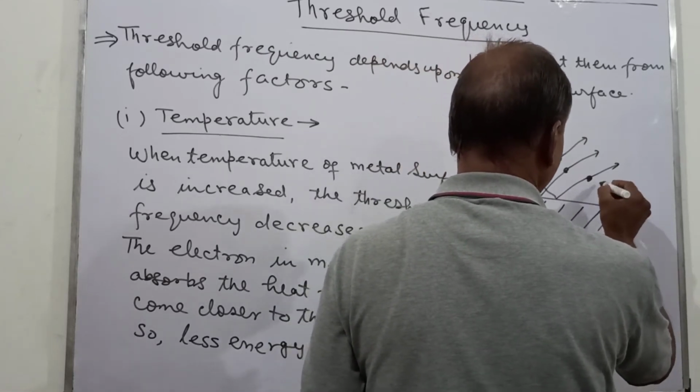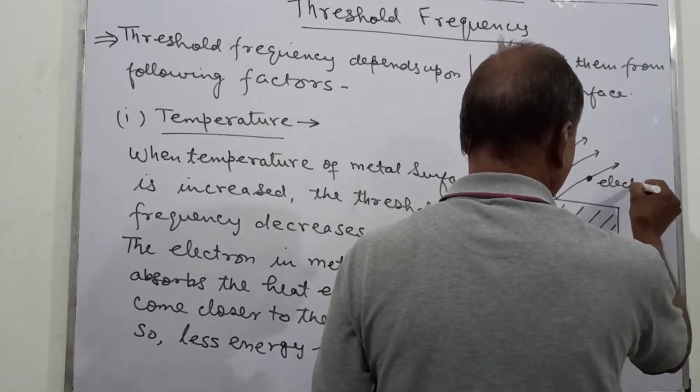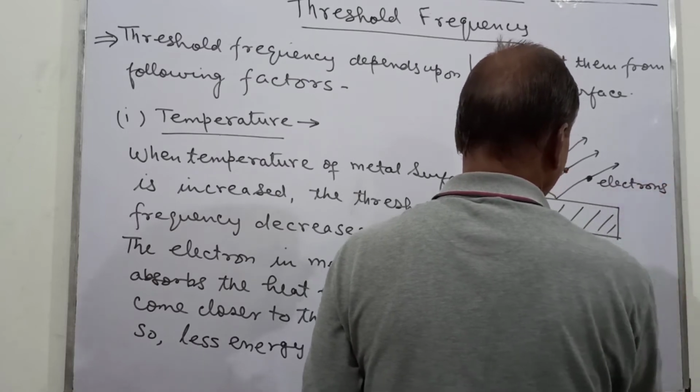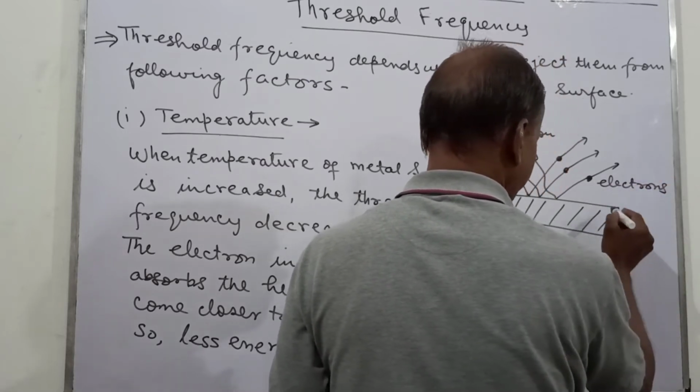These are the electrons. This is the metal surface.